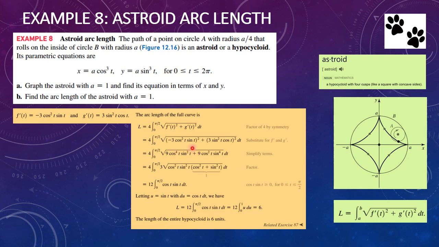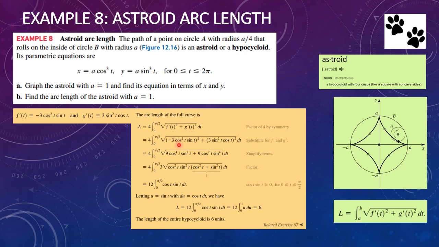So when we do -3 cosine squared t sine t squared, what this comes down to altogether is 9 cosine to the 4th power t sine squared t. This is all a product, so it's not a FOIL in here, it's simply a product, right?